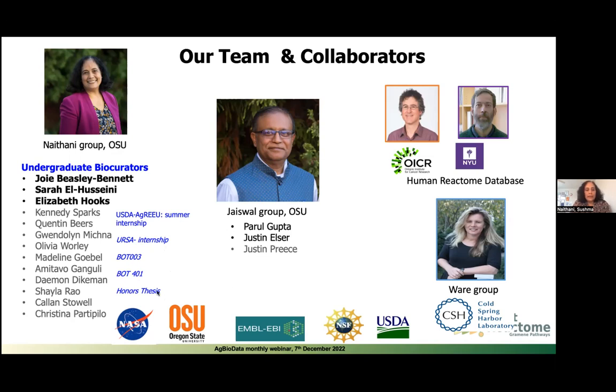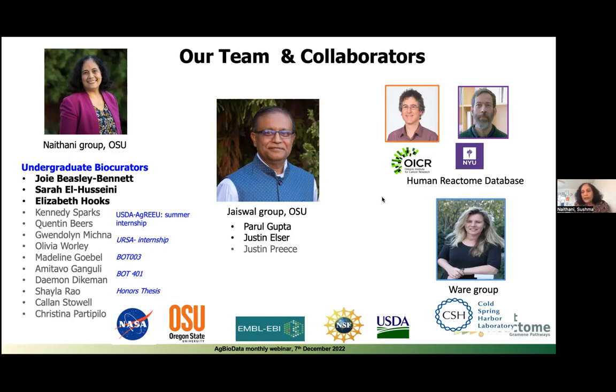Recently, we received a NASA grant for biocuration of gravitropic pathways, and current funding is also provided from the USDA, with support from the Ware Group at Cold Spring Harbor Laboratory. Previously, Gramene has been funded by NSF and also by the USDA.